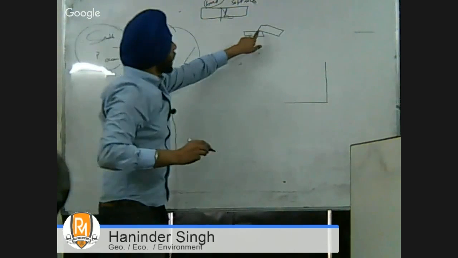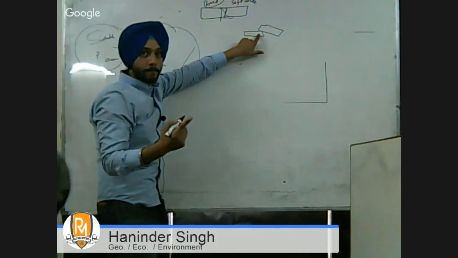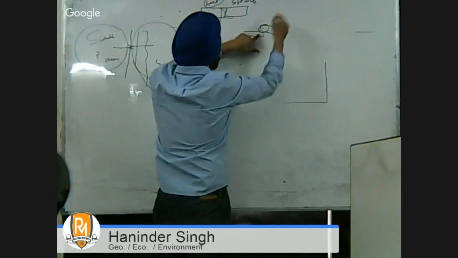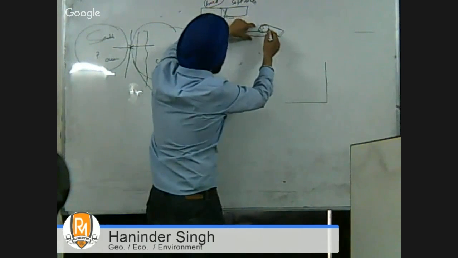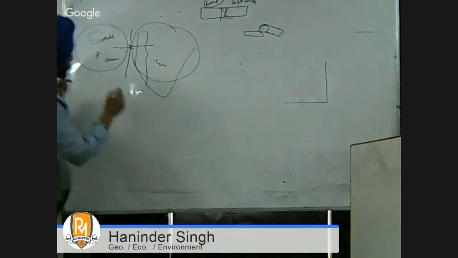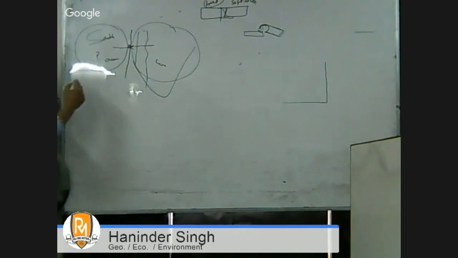Because hard rock won't be broken. This thing will be broken, but let us assume that. So hard rock will get subducted under soft rock. That is how volcanoes are formed.